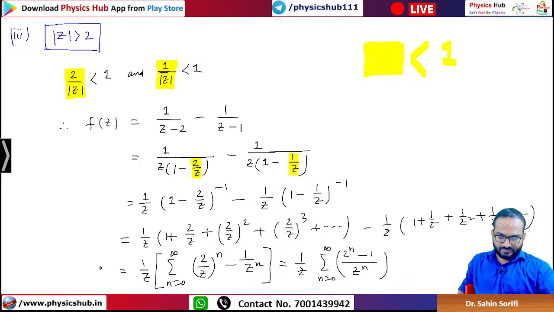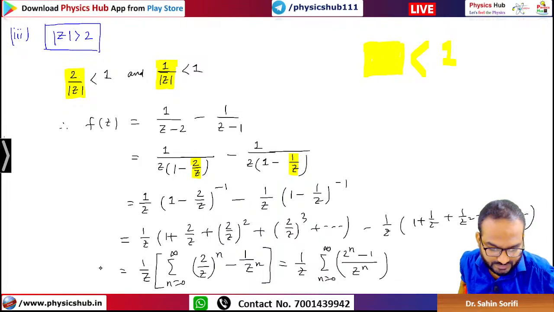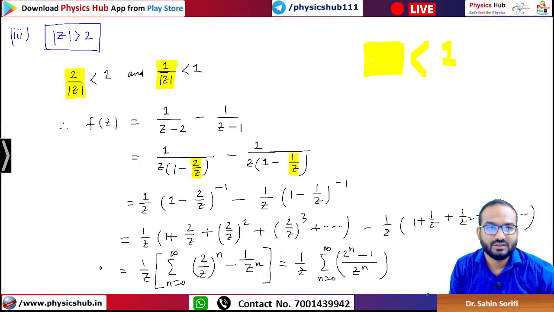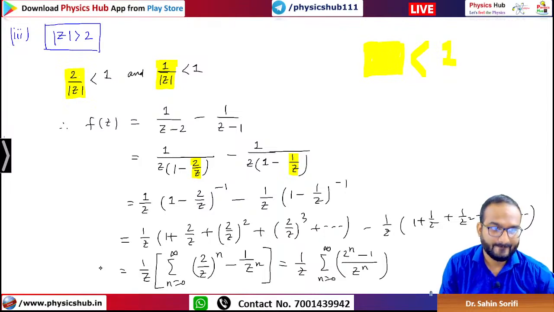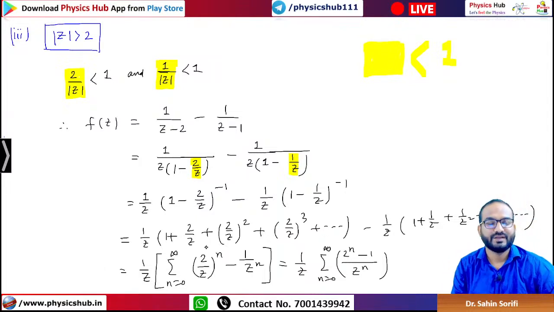Murli, what are you asking? 1 by mod z less than 1, explain how it comes. In which case? In the third case?